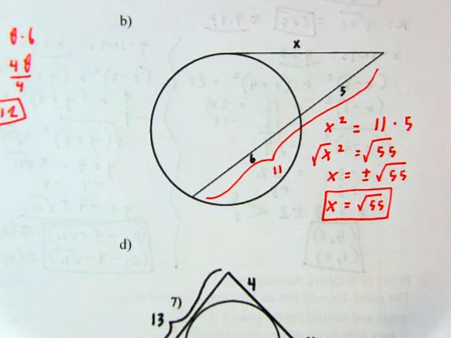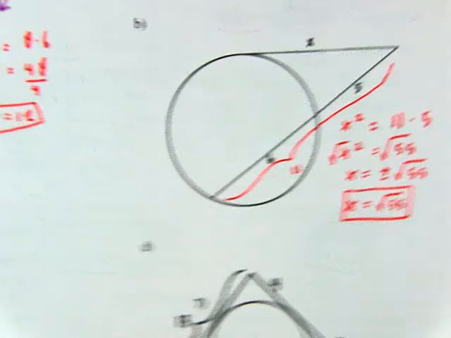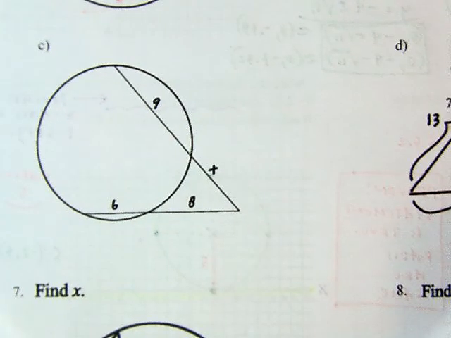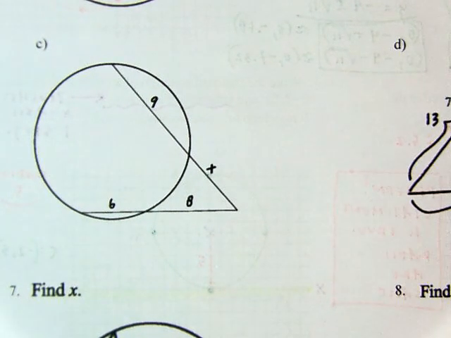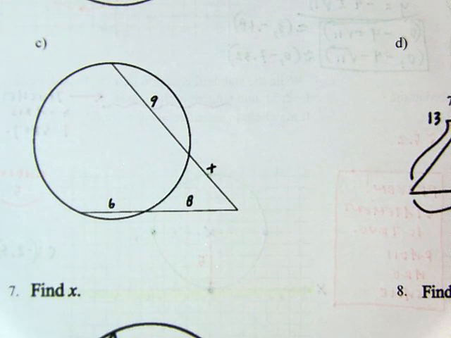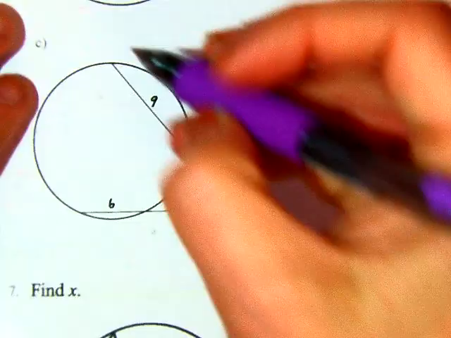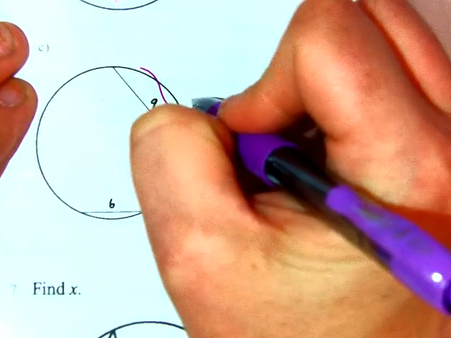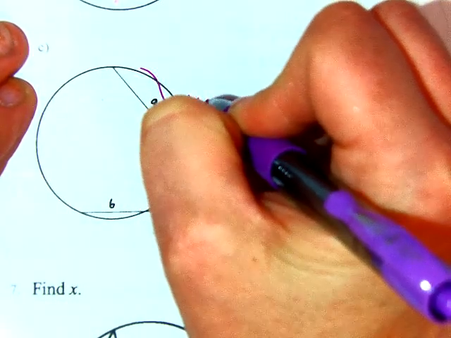All right, looking over here at C. In C, here I have 2 secants. So I know that I'm going to take the whole times the outside and make it equal to the whole times the outside of the other secant segment. So let's just mark what that whole part would be. For this one, that would be x plus 9.